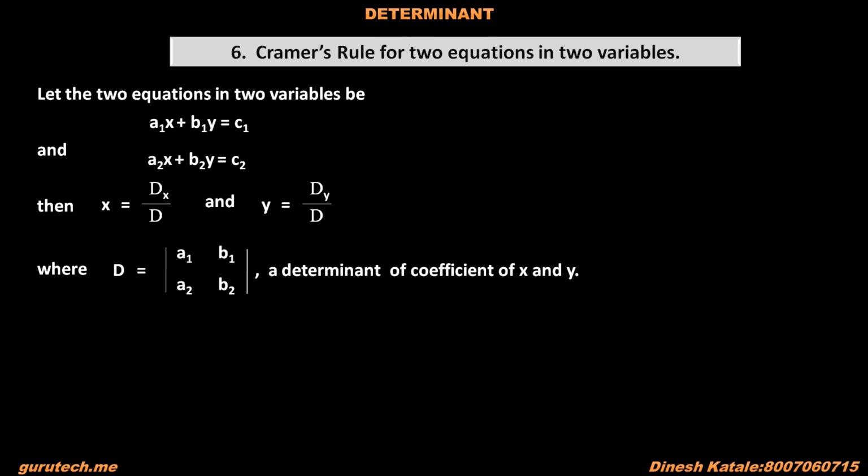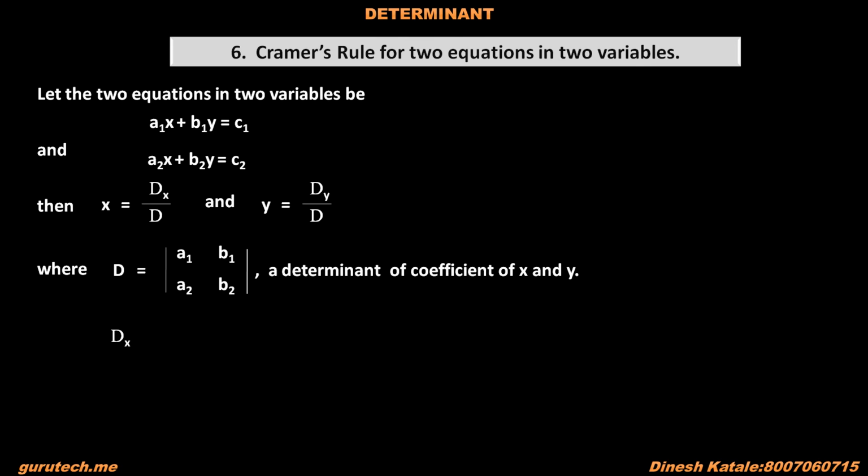Or vertically we can say the first column a1 a2 are the coefficients of variable x of these two equations, and the second column b1 b2 are the coefficients of variable y of same two equations.